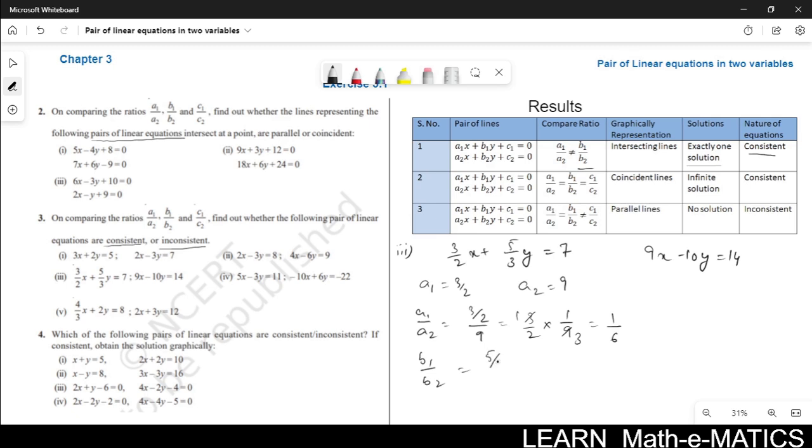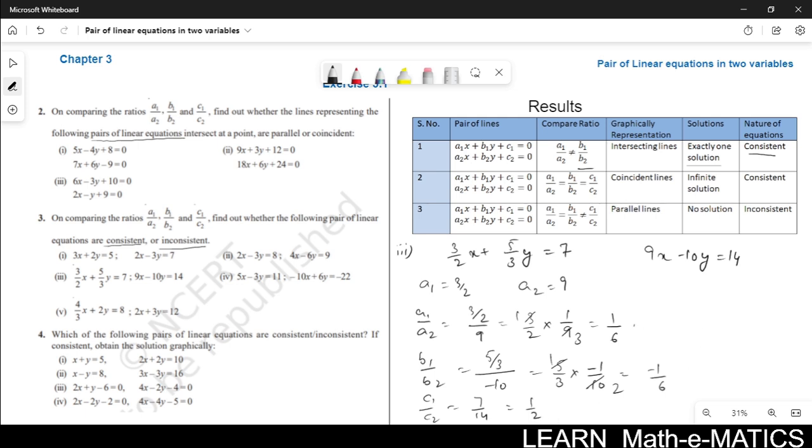That means 5/3 upon minus 10. So 5/3 multiplied by minus 1/10. Simplify these. 5 ones are 5, 3 tens are 30, that is minus 1/6. Right? c1 upon c2, that is 7/14. After simplifying we get 1/2.